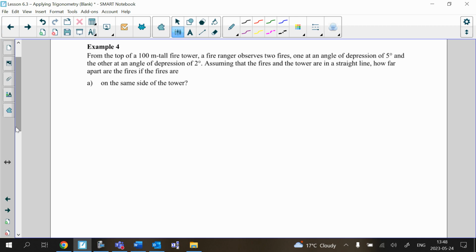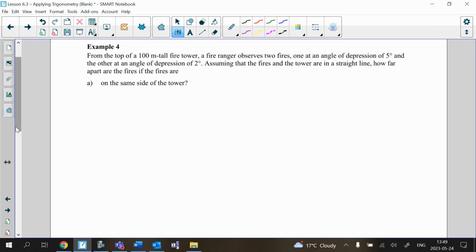Which one's further out? The 5-degree one or the 2-degree one? Which one would be further out? The 2-degree one, which is pretty small, or the 5-degree one, which is a little bigger? The 2-degree one would be, right? The smaller the angle of depression, the further out something is. The bigger it is, the closer it is.